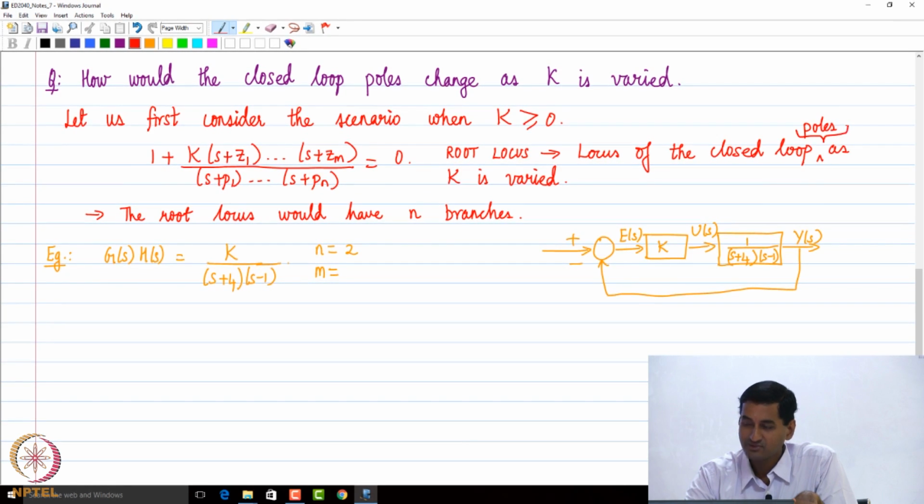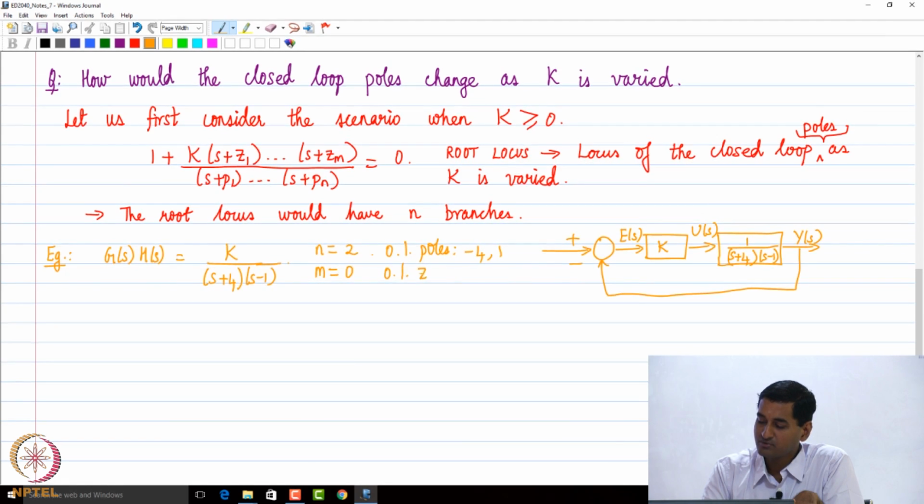Thank you. So n is 2 here, m is 0, the open loop poles are at -4 and 1, and there are no open loop zeros.